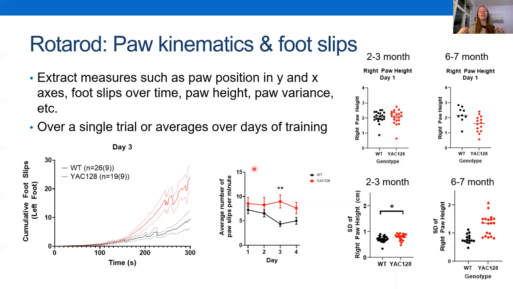And by the way, these are early stage YAC128 Huntington's mice who actually are performing well on the rotor rod when you just look at latency to fall. So even though they seem like they're performing just as well as wild type, when we look closer at their behavior using this analysis, we can see that they're impaired when we look at their paw kinematics. I also found some differences looking at the paw height at 6 to 7 months of age, an older age group in these mice, as well as a deficit in the standard deviation of the paw height.